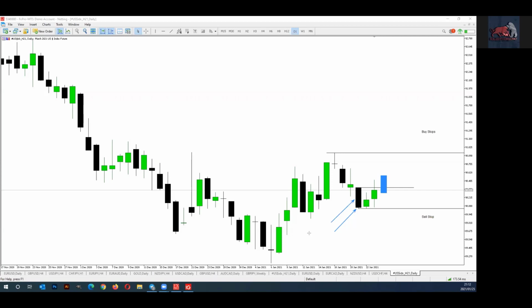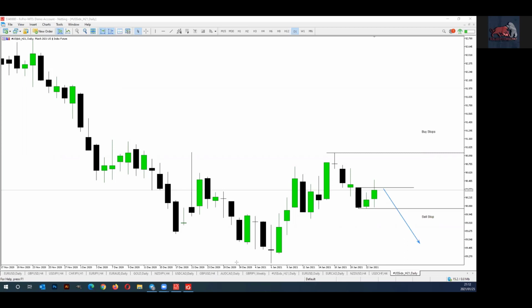But as long as price is below 90.375, then expect dollar to trade lower, thereby pushing EUR/USD up, GBP/USD up, NZD/USD up, and pushing down USD/CHF, USD/CAD, USD/JPY. They're all going to trade lower.